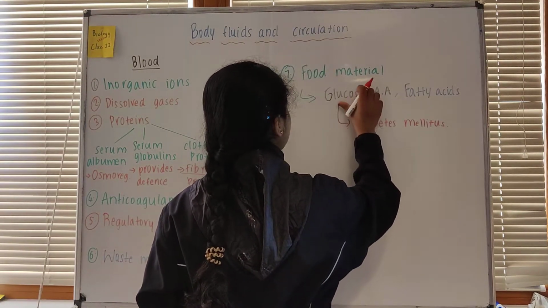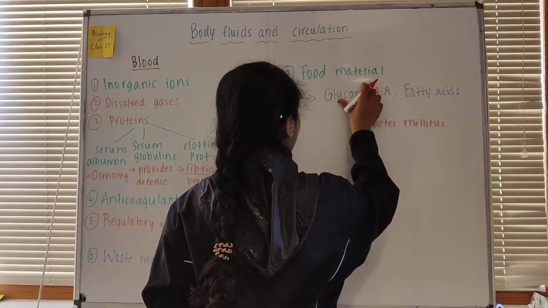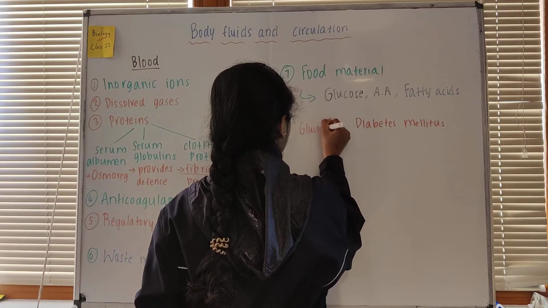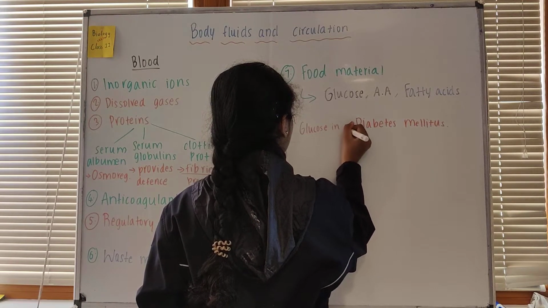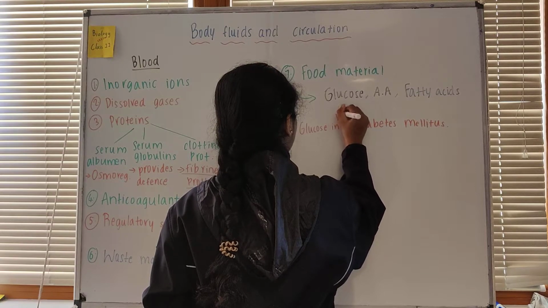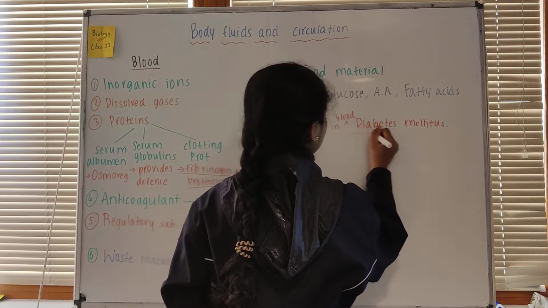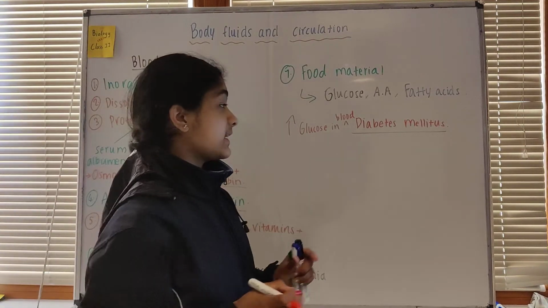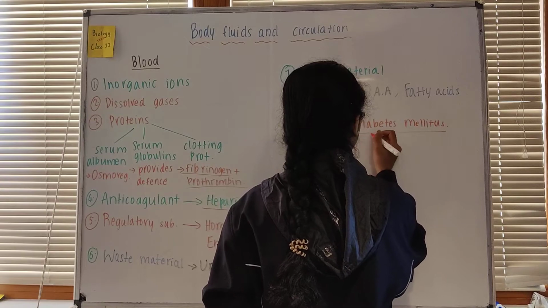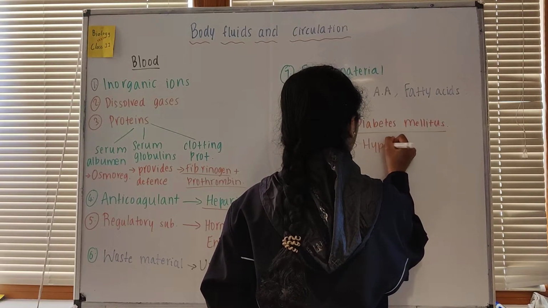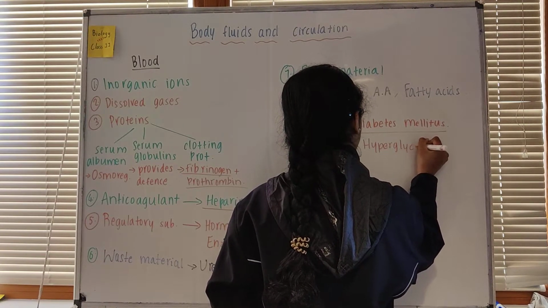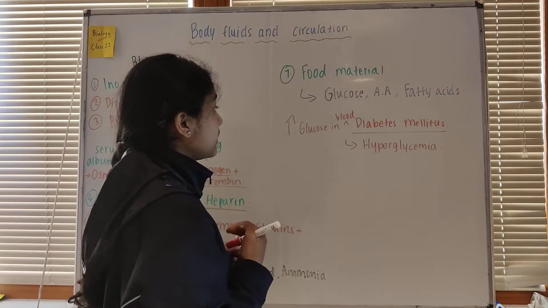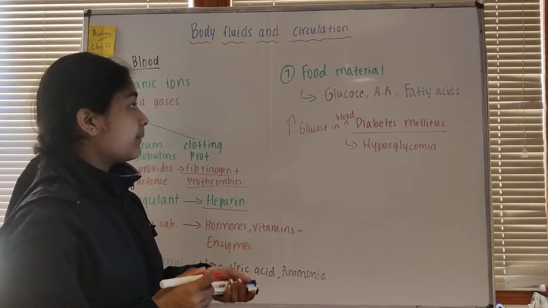So more glucose in the blood is diabetes mellitus. This is also what we call hyperglycemia. So we have another name for this, that is hyperglycemia. These are the two different names that we give to the increase of glucose concentration in the blood.